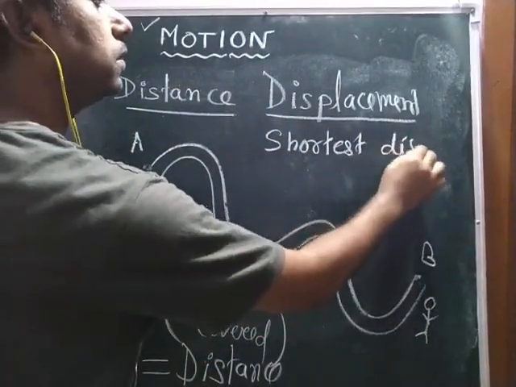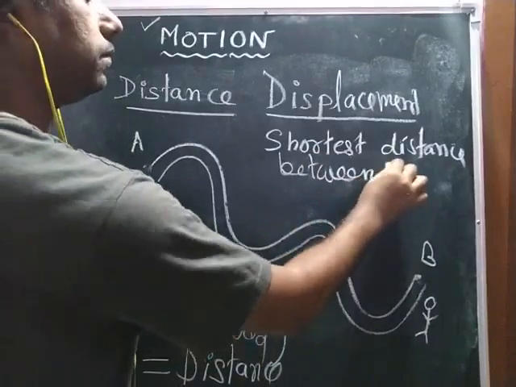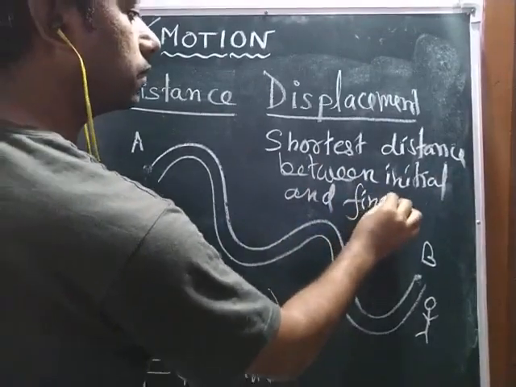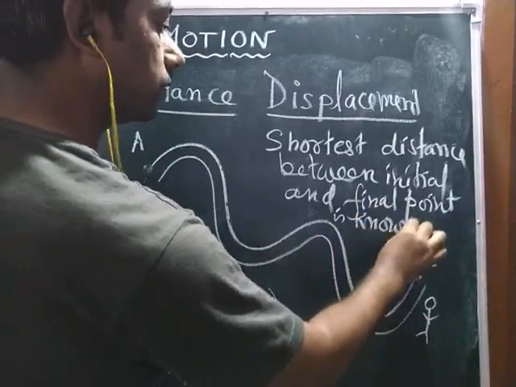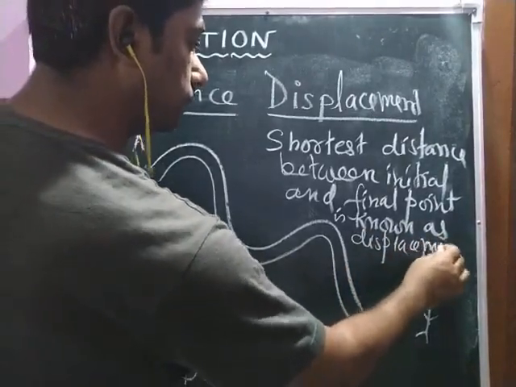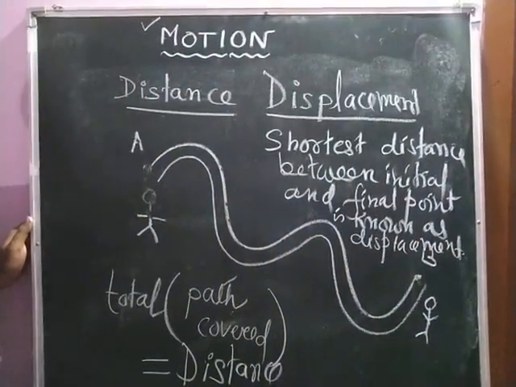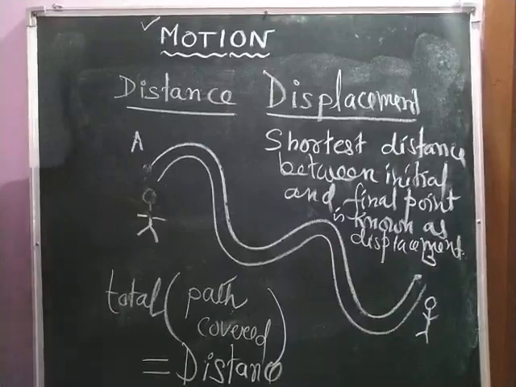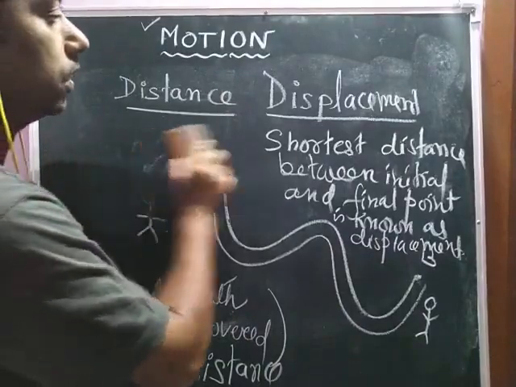The shortest distance between initial and final point is known as displacement. Take a note of this.